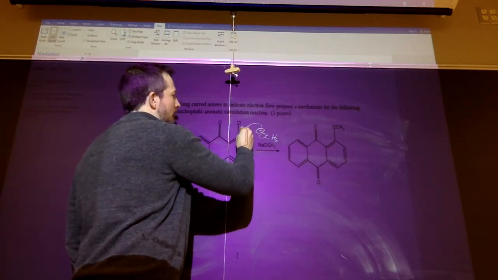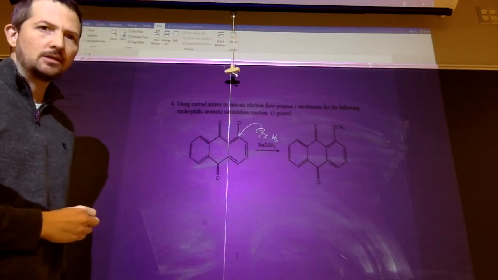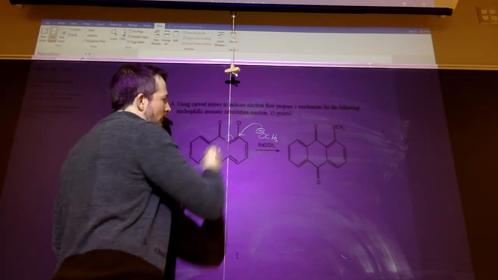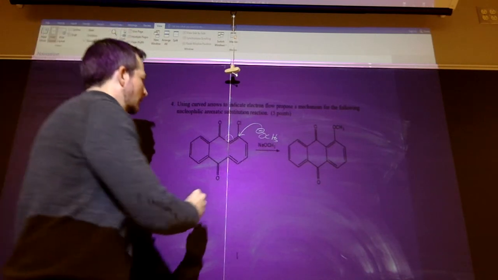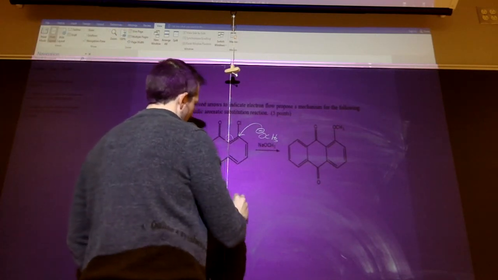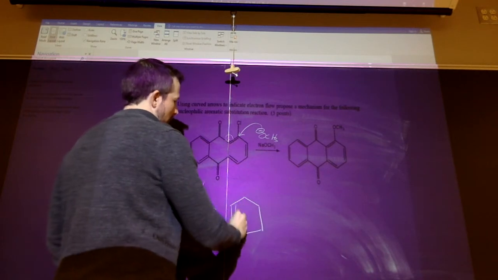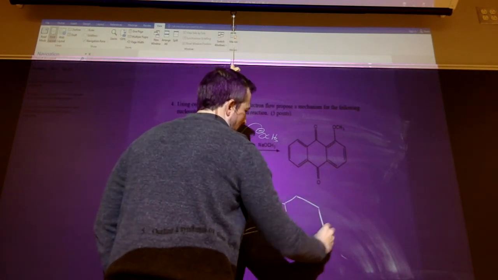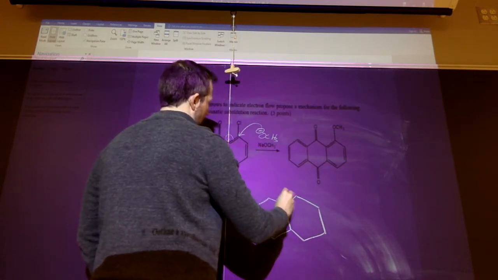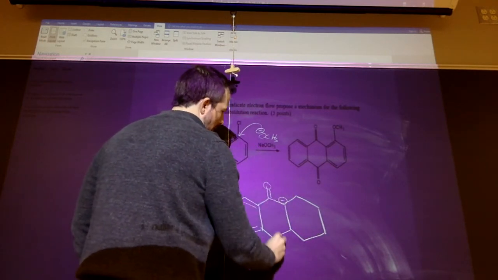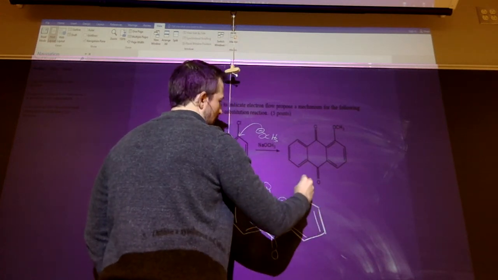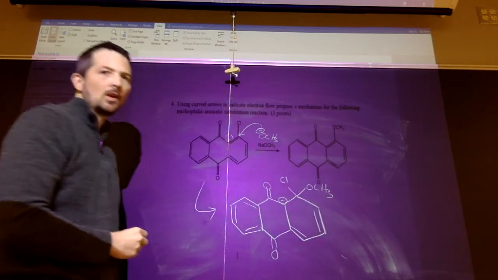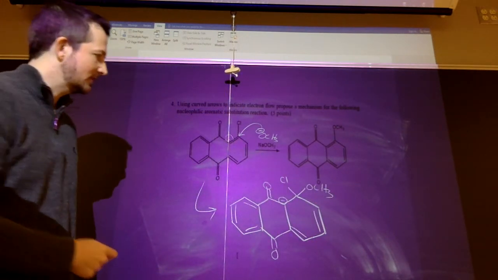So the mechanism, it adds to your carbon with your halogen, with your leaving group, puts the electrons into the ring, so that's my Meisenheimer complex.